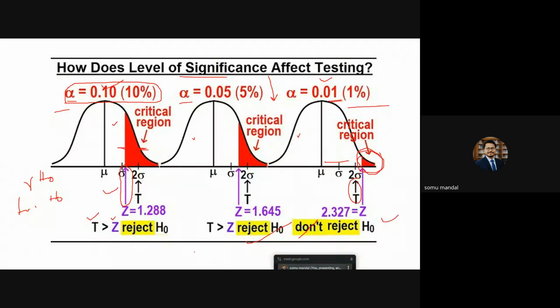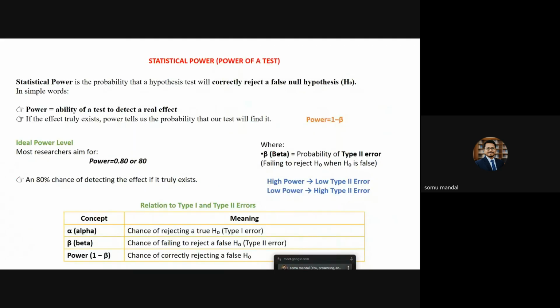Never write such a conclusion in your research paper or thesis as accept alternative hypothesis. Rather, you write fail to reject the null hypothesis, or reject the null hypothesis, in this manner.